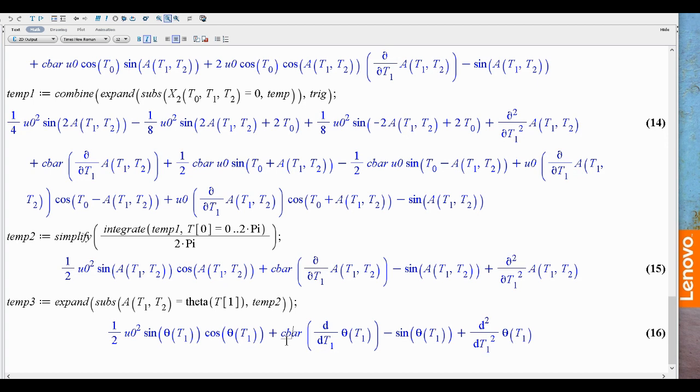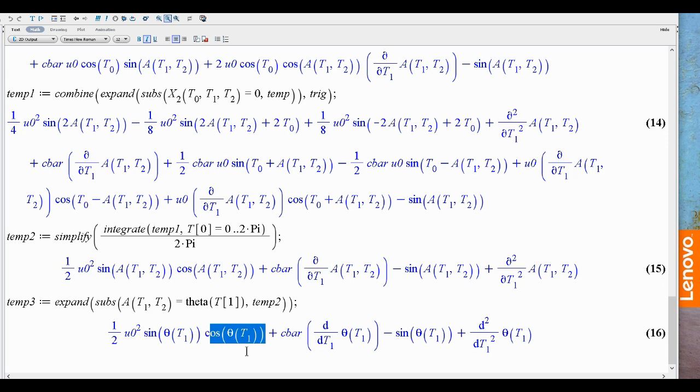This is like a damping term. This is like a negative stiffness. For small theta, this is minus theta, and for small theta, cos theta is 1. So it is u square by 2, and so the coefficient of theta is actually u0 square by 2 minus 1, and therefore u0 square equals 2 is the stability boundary. Okay, so u0 equals square root of 2 is the stability boundary.